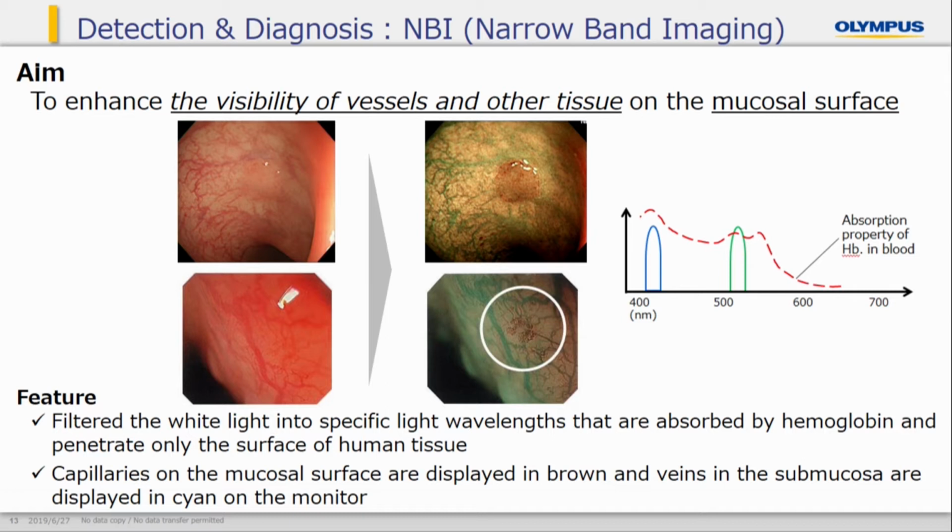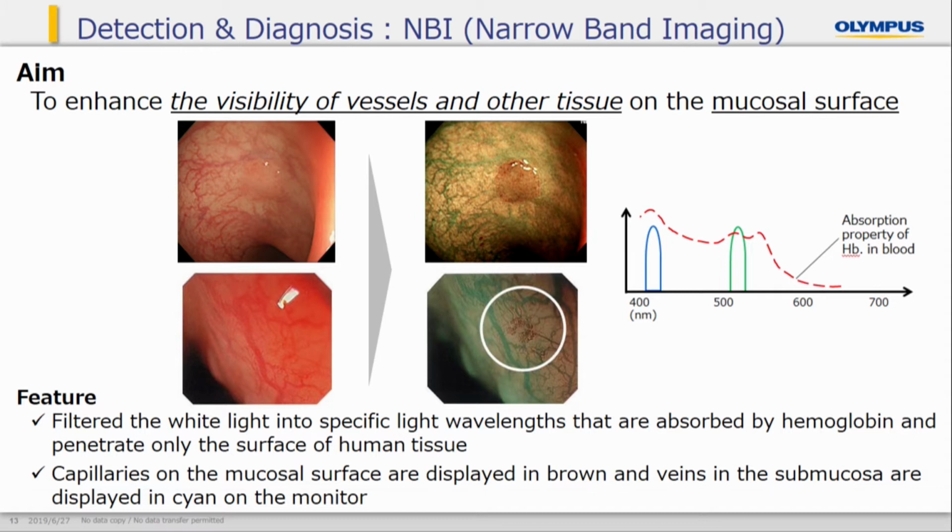Thanks to this narrow band imaging technology, light is absorbed by the hemoglobin and penetrates only the surface of the tissue, so the capillaries on the mucous surface can be displayed in brown, as you can see, as well as the veins in the submucosa can be displayed in cyan.